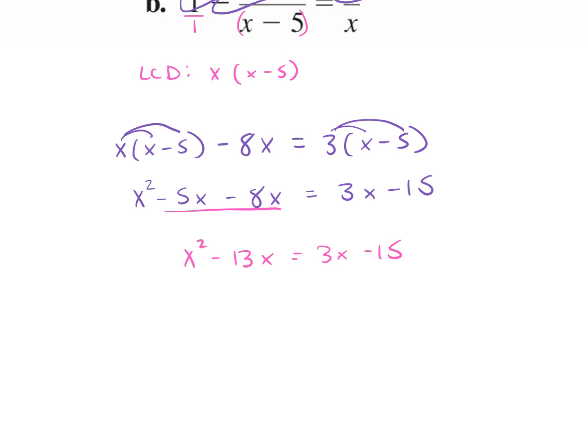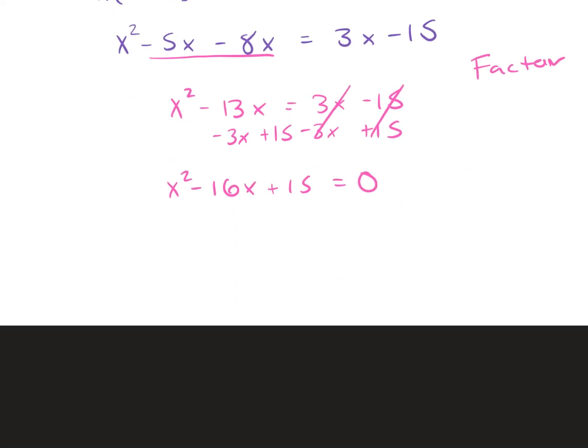I'm going to move everything to one side because I have an x squared and an x. So what does that mean I'm going to have to do? I'm going to have to factor. So I need to make it equal to 0. I'm going to move that 3x to the other side and the 15. So x squared minus 16x plus 15 is equal to 0.